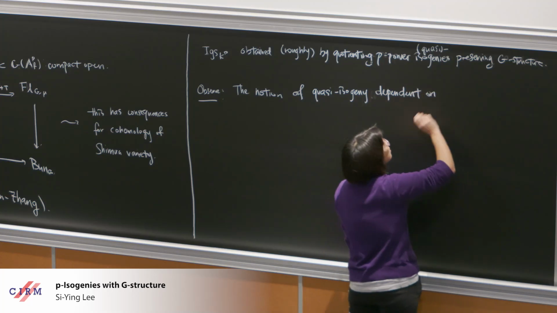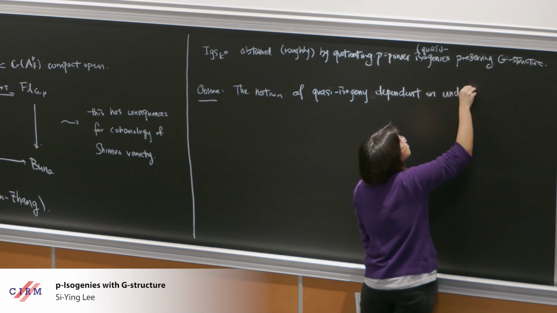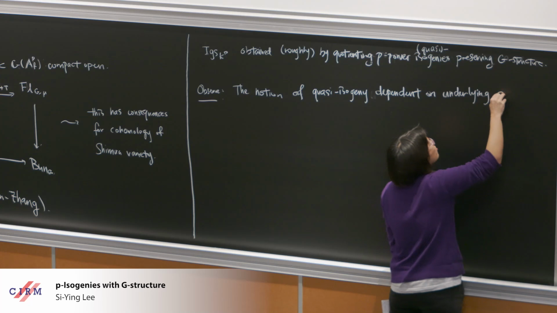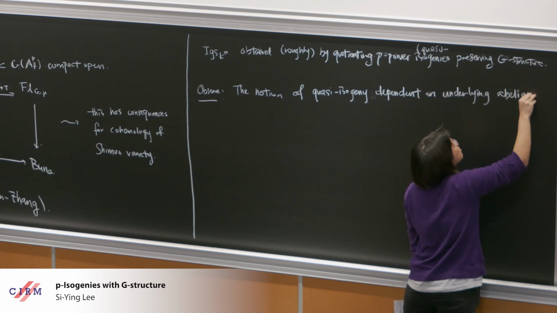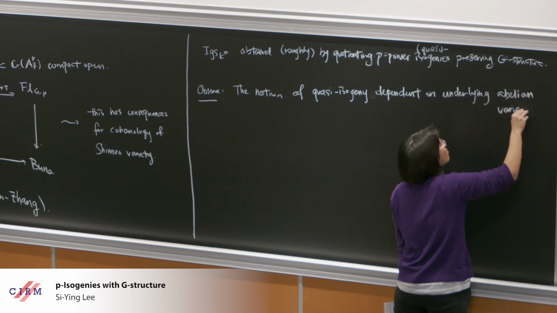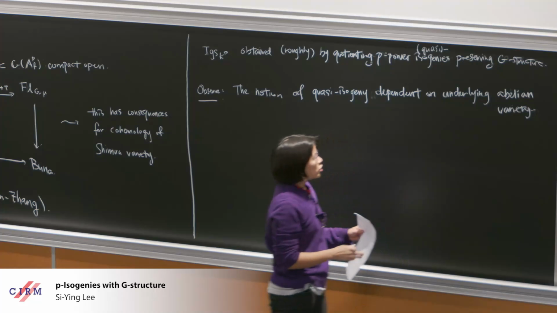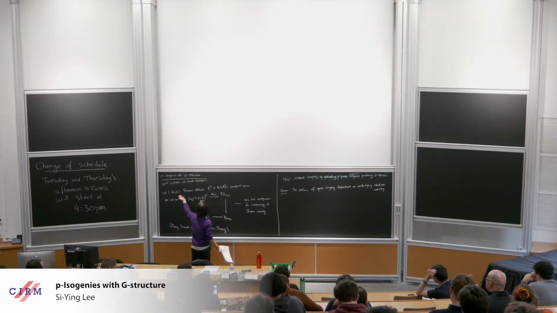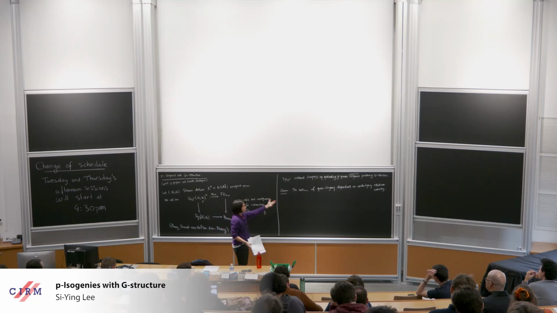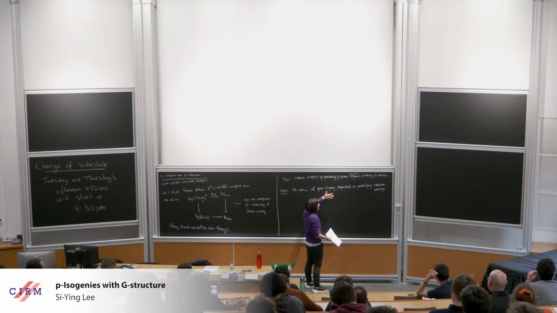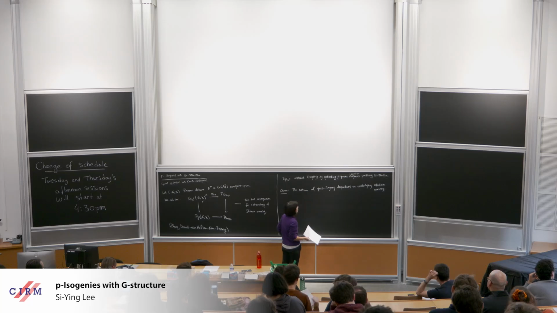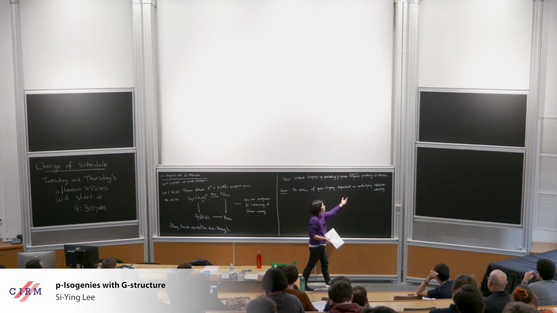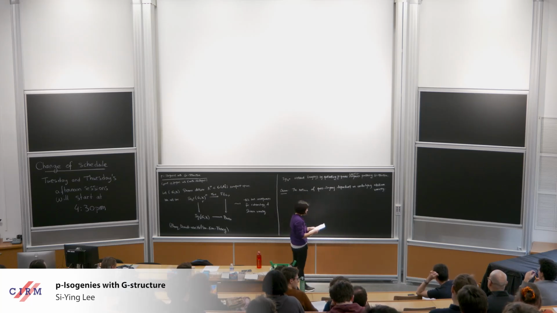Even in what they prove, there is a reduction to a Hodge type situation. You require some conditions on the Shimura datum such that you can relate it to an abelian variety. So the notion of quasi-isogeny that we are working with so far is very dependent on understanding this underlying abelian variety.